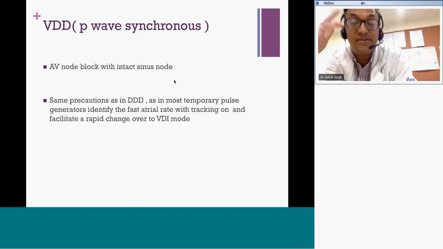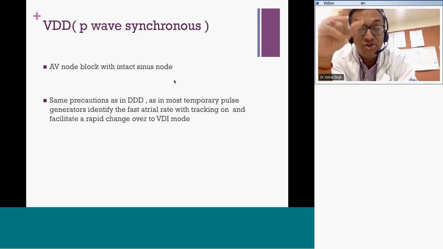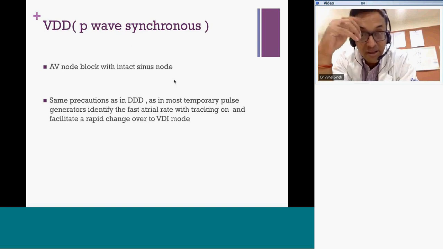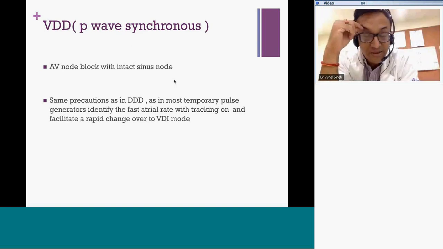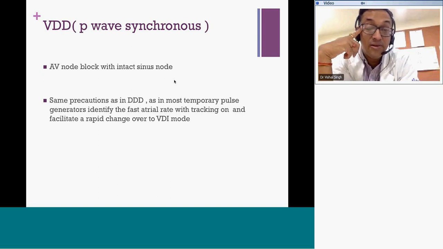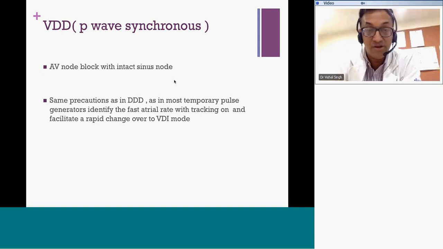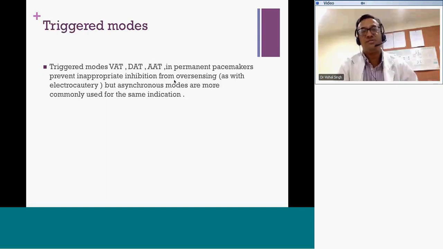Suppose a fast atrial rate suddenly crops up, and you can see your tracking blinking frequently, you will have a chance to correct the threshold and also follow a rapid changeover to VDI mode. Basically meant for patients with the problem of oversensing, but asynchronous modes normally give you the answer in patients in the few instances where we see oversensing in the ICU as well as in the OT.